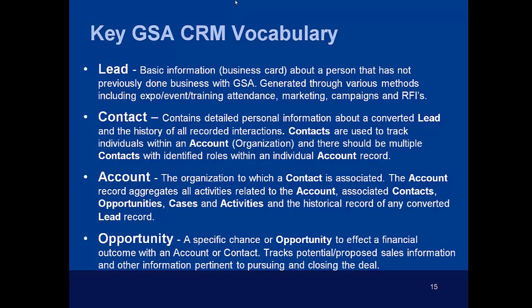And the other thing to remember is that when we are talking about our leads, contacts, accounts, opportunities, these words are indicative of specific pieces of the system, what we refer to as modules of the system. They have very specific definitions that refer to very specific portions of the system, which is why it's important for you to understand exactly what we mean by these.